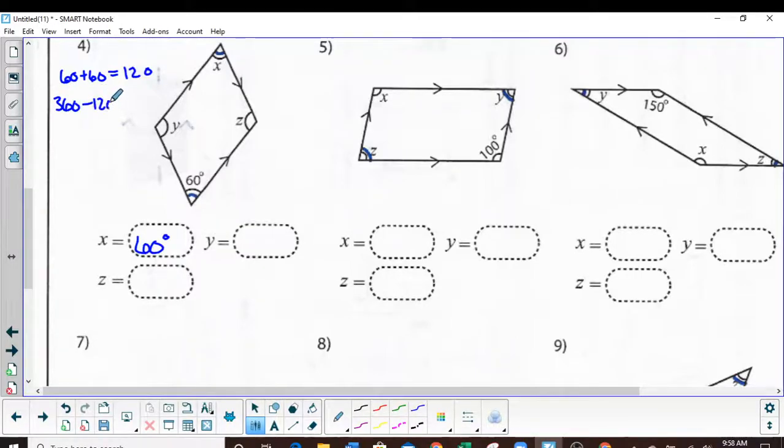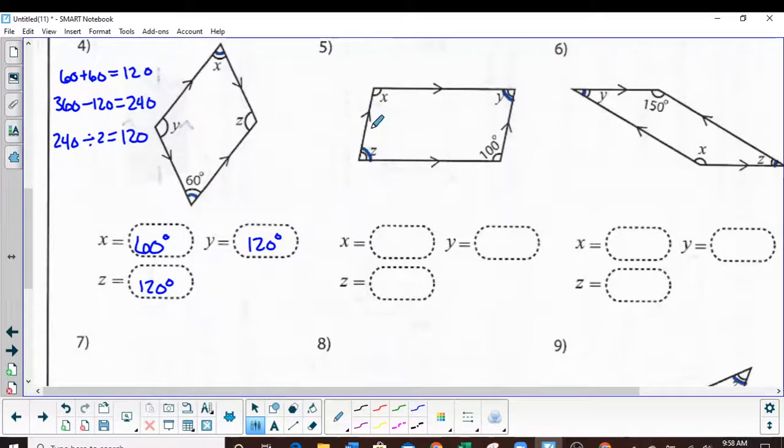Minus, I already have 120, which is going to leave me with 240 degrees. I need to split that among 2 angles. 240 divided by 2 equals 120. So I know that y and z are 120 degrees, okay? So if you added the 60 that's there, that's 60, 120, 120, you're going to get 360.